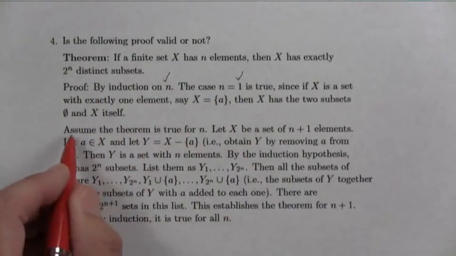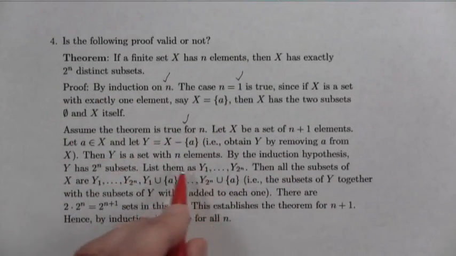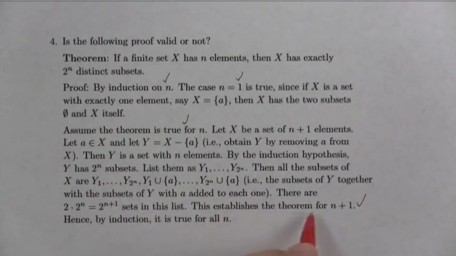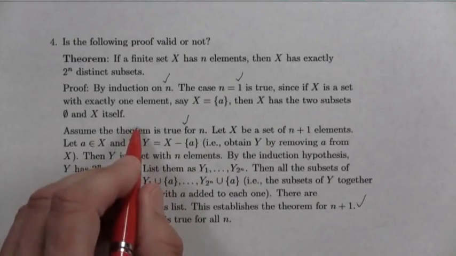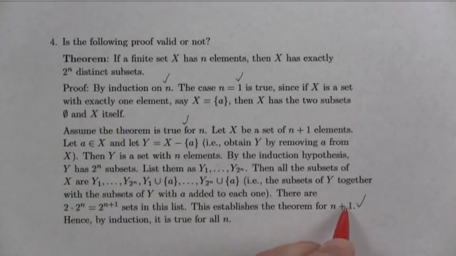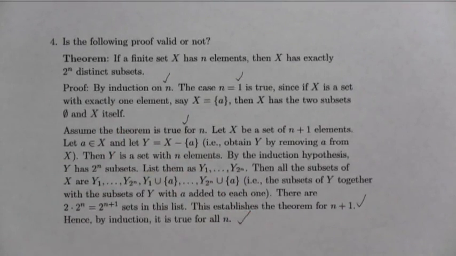Give some reasoning. Assume it's true for n, check. Do some reasoning. Conclude and state that we've established the theorem for n plus 1 based on the assumption for n, and having gone from stage n to stage n plus 1, hopefully with the logic correct, we sign off by saying by induction it's true for all n.